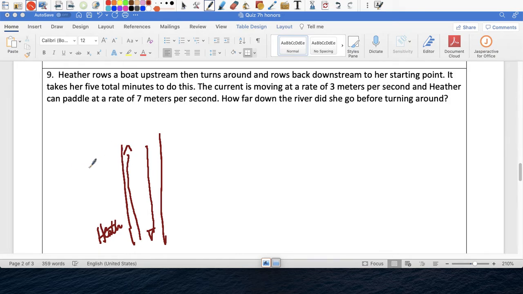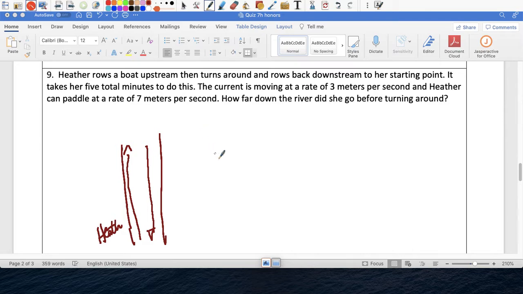The current is moving at 3 meters per second, and Heather can paddle at 7 meters per second. So think about this. How far down the river does she go before turning around? Going upstream, you're going against the current, right?